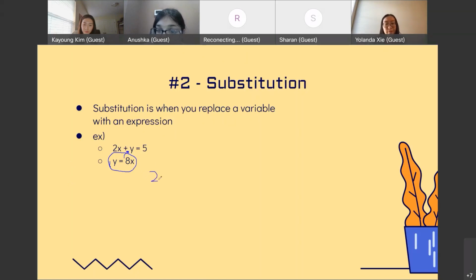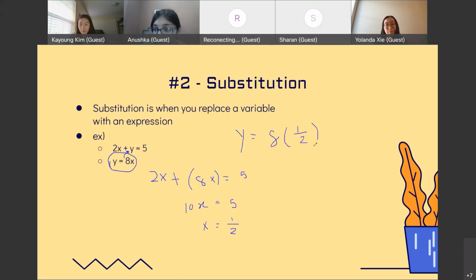Then you can change the first equation into 2x plus 8x, because that's the same thing as y, equals 5. Then you get 10x equals 5 because you're combining like terms. If you divide both sides by 10, you get x equals 1/2. Then you can go back, and since y equals 8x, y will equal 4 because 8 times 1/2 equals 4.